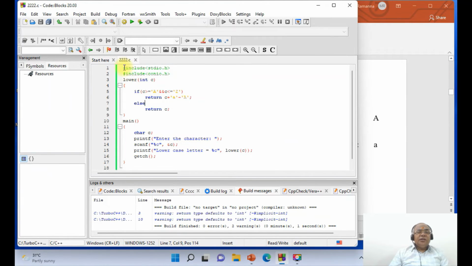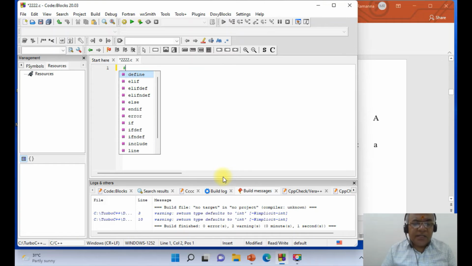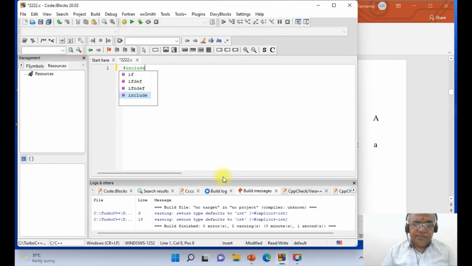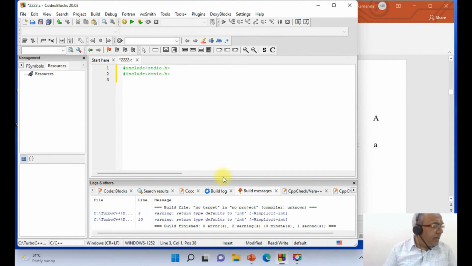Now we will try to write this using a compiler. First I will say include stdio.h, then include conio.h, then we have lower int c, then open the curly brackets.